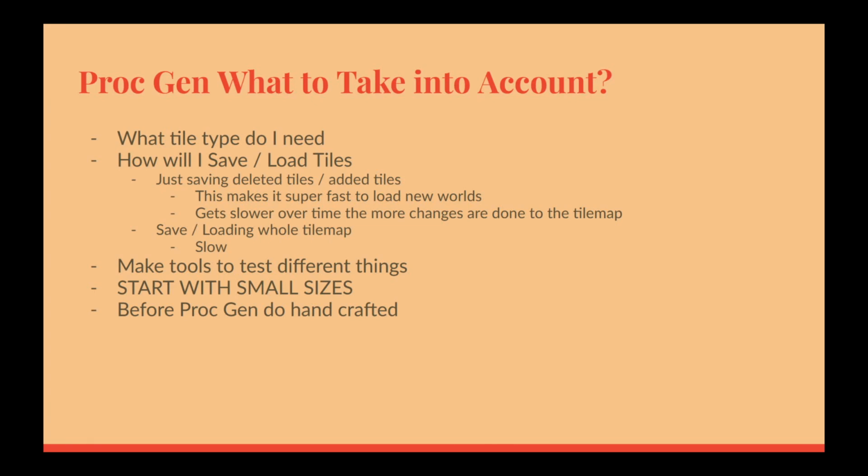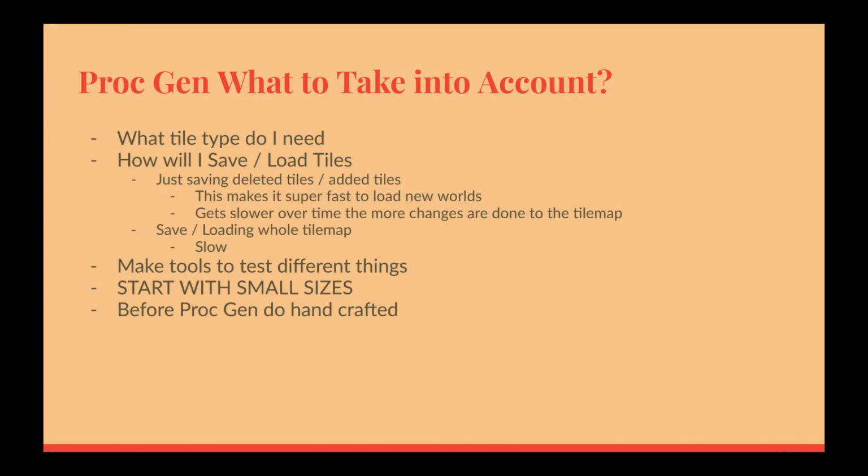For instance, let's say you have your forest and you chop down some trees. Then you're adding that to a delete dictionary: they chopped this tree down, they chopped that tree down, maybe they planted a tree here. So the next time you load the game, it's not loading the whole tile map, it's just loading, okay, they chopped that, they added that. That saves a lot of time, but over time you're going to be editing so many things that it slows down as time goes on.